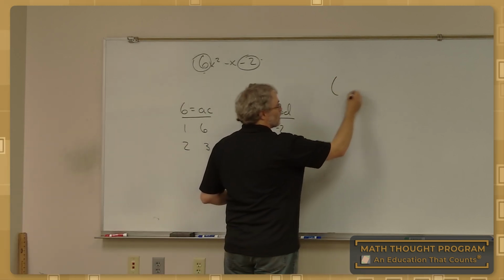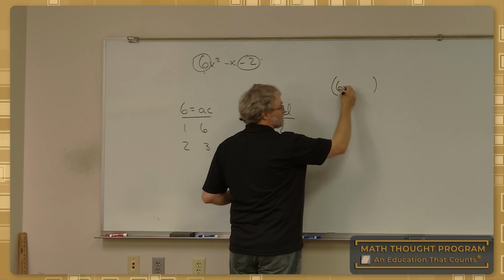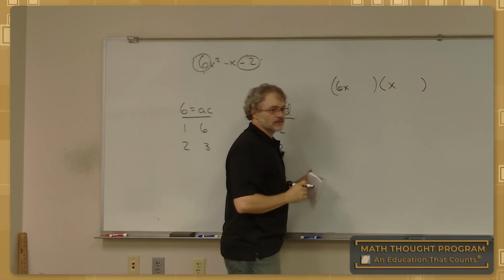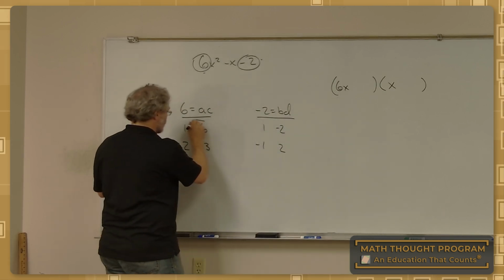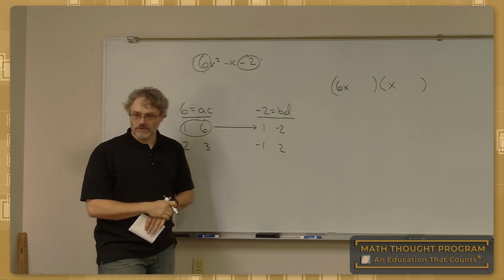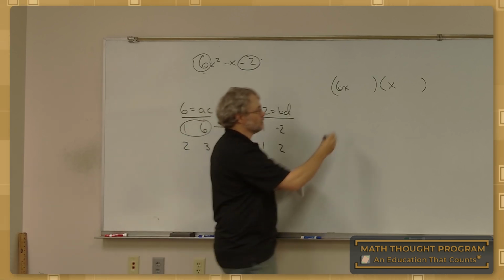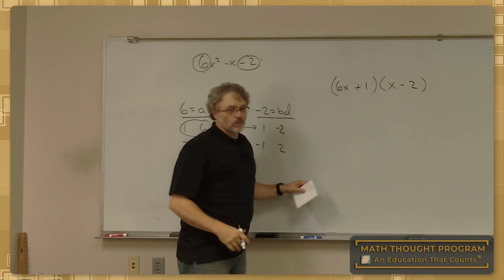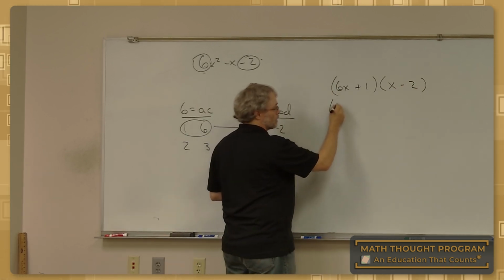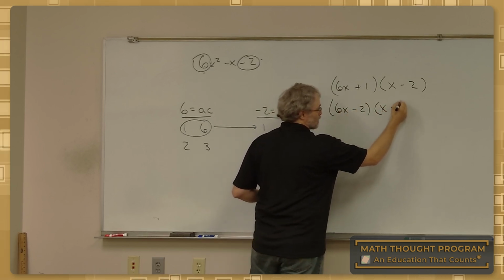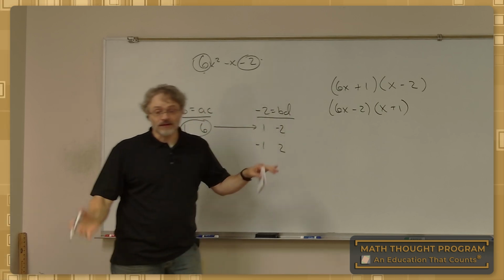So I can say 6x and an x, and I can put these two things together and maybe use those pieces. Or I could say 6x minus 2, x plus 1. Or I can write it that way.